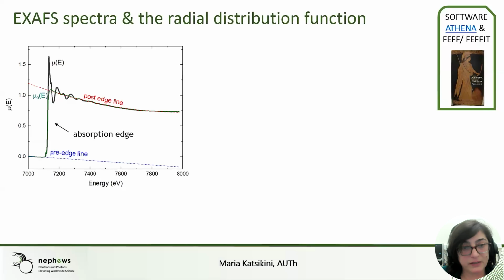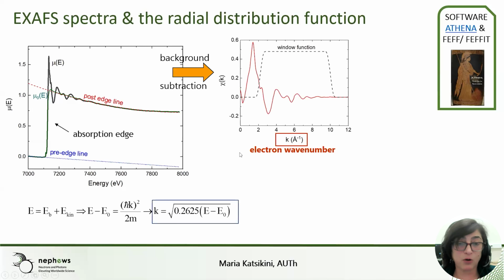Now, EXAFS spectra. In order to obtain structural information, we have to subtract the atomic background, the continuous background here, and convert from the energy space to the k space, to the photoelectron wave number. In this way, we isolate the EXAFS oscillations.